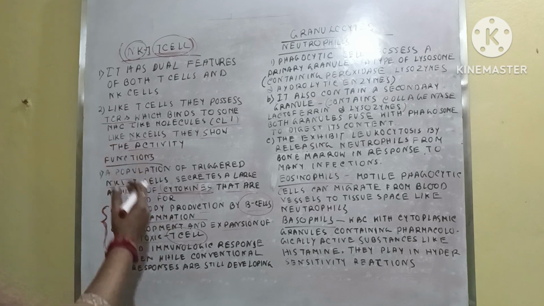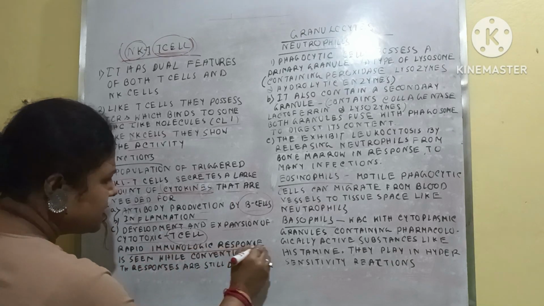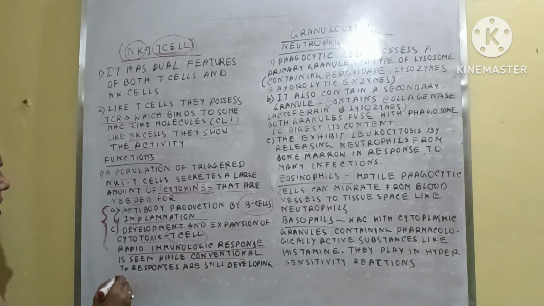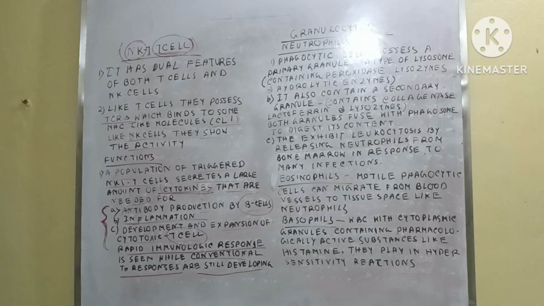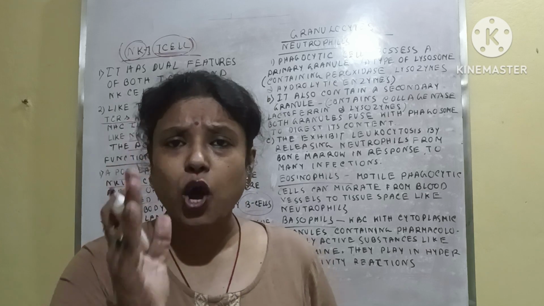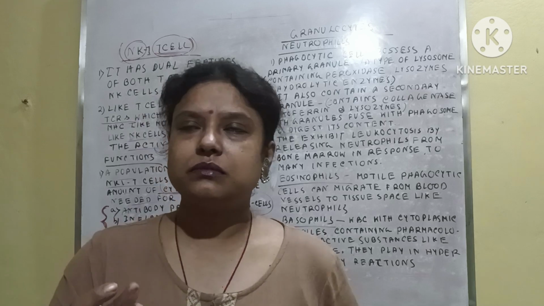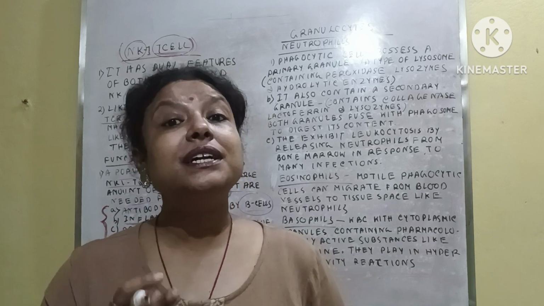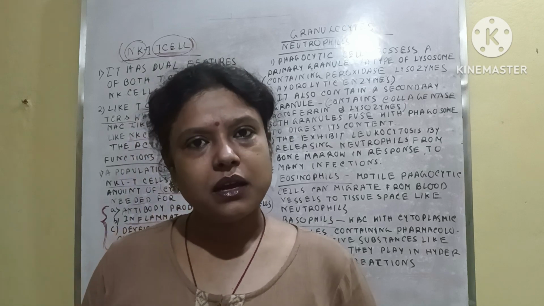And generally these are the rapid immunologic response, seen while the conventional TH responses are still developing. That means its function is to stop the activity of the foreign particles before the proper destruction by the TH cells. Clear?